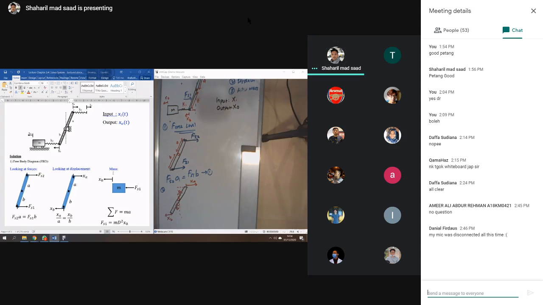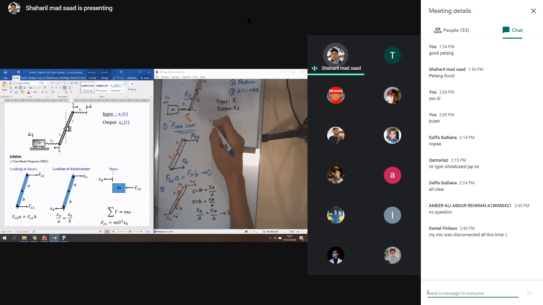Now you can get sine theta. This is the A, and this is the B. So this one is Xa and this one is Xb. So sine theta equals Xa over A, done. And you also can get sine theta for this one equal to Xb over B. Then you can get Xa over A equals Xb over B. So this is the second equation.